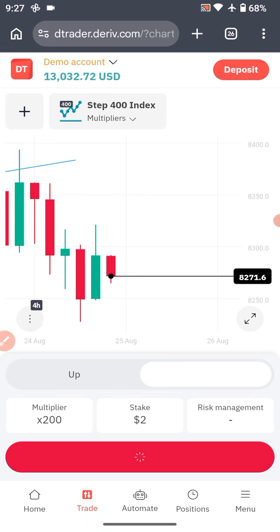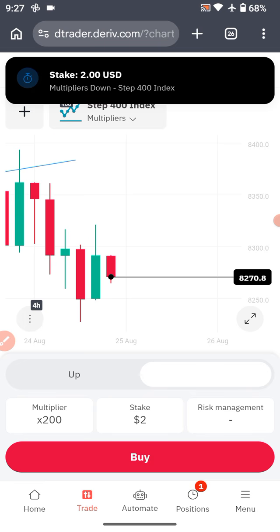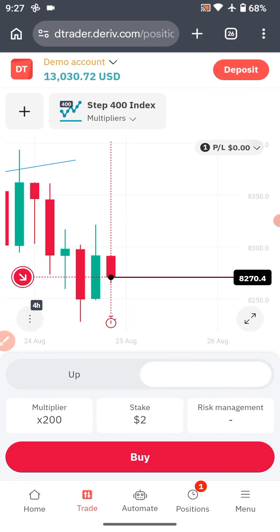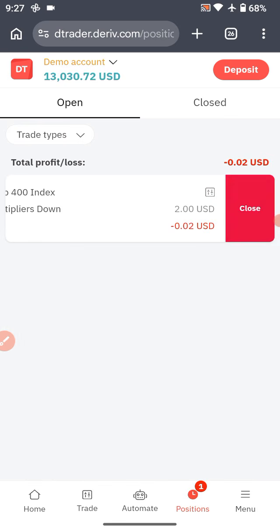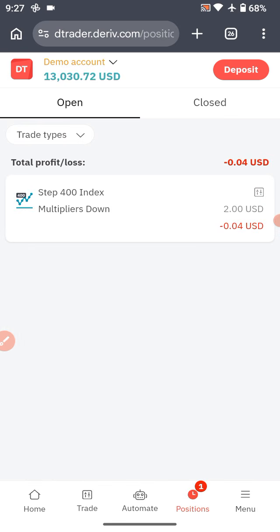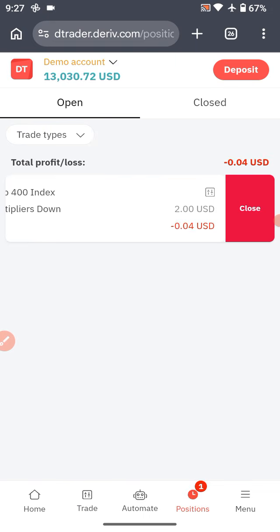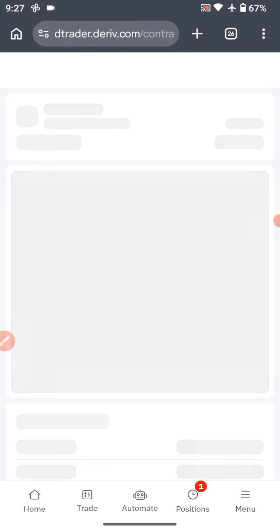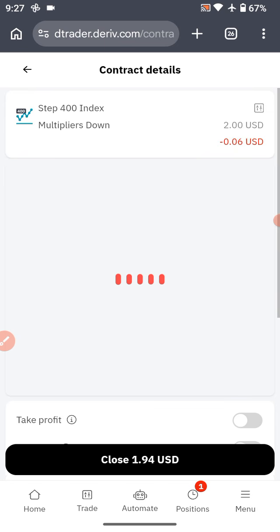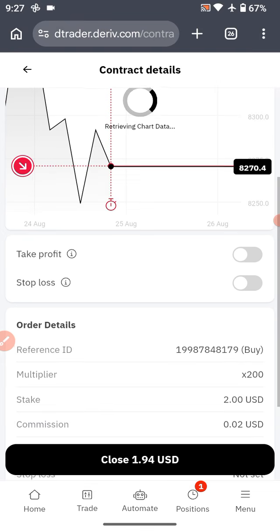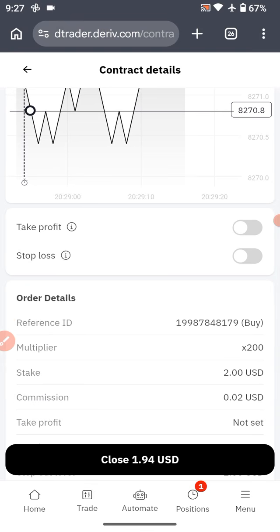So I just sold this asset, and yes, I have a trade, and my stake is $2 and my account balance is back to $30. So my take profit, I would just modify this to the same $2 we lost so far, and we try to recover it again from the same Step Index 400 index.